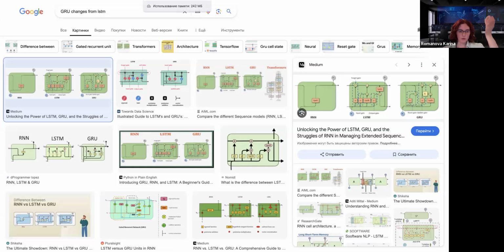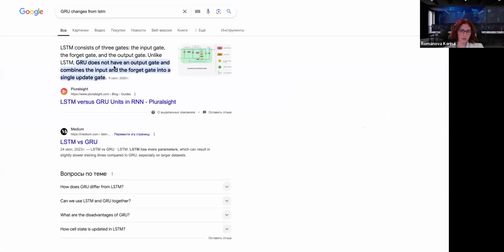To be honest, I don't remember off the top of my head what the difference between LSTM and GRU is. They use similar techniques, but the GRU doesn't have an output gate.